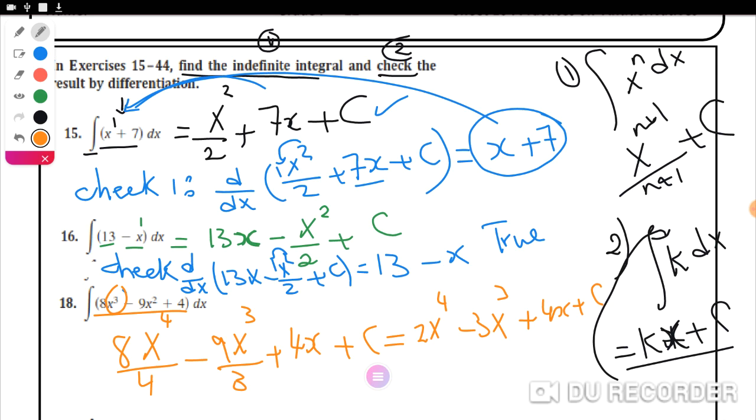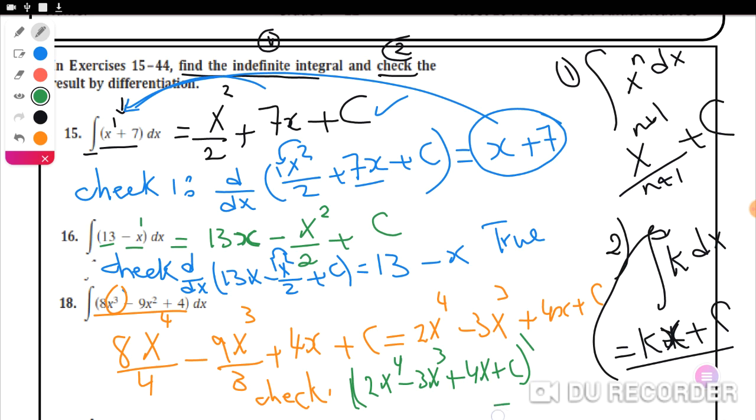How to check? I check by differentiating the right-hand side. 2x to power 4 minus 3x to power 3 plus 4x plus c. Find its derivative. It will be 8 x to power 3, multiplying then decreasing the power by 1, minus 9 x to power 2, plus 4.